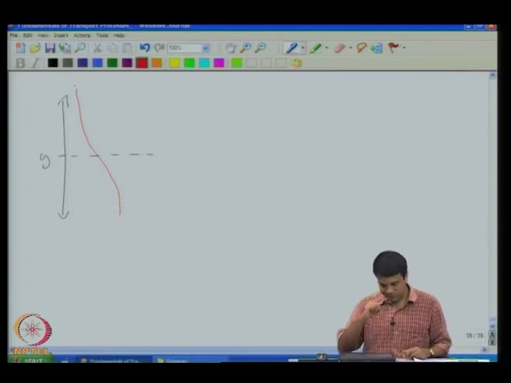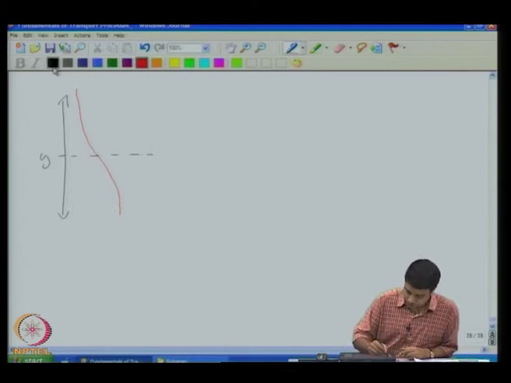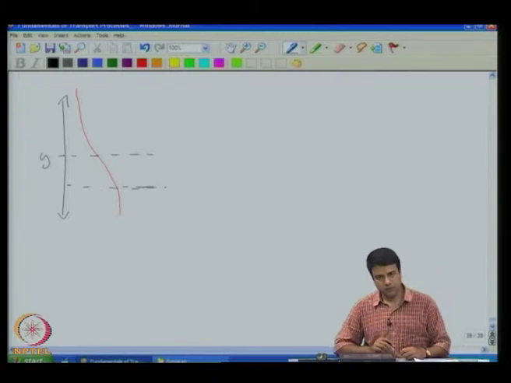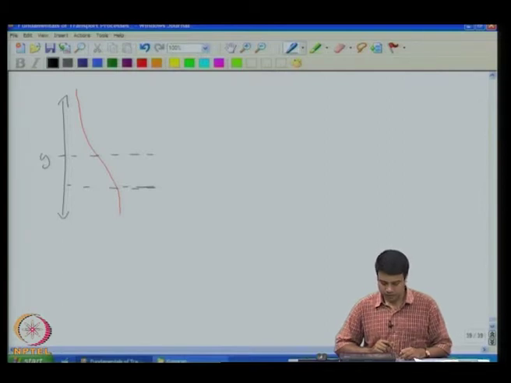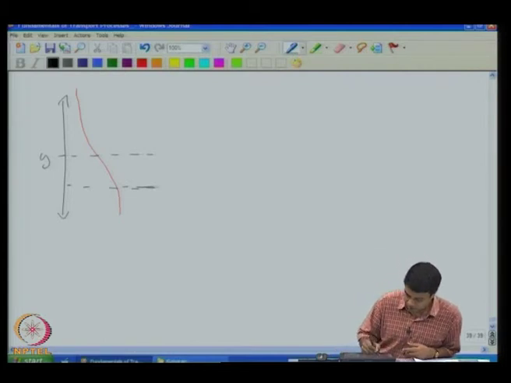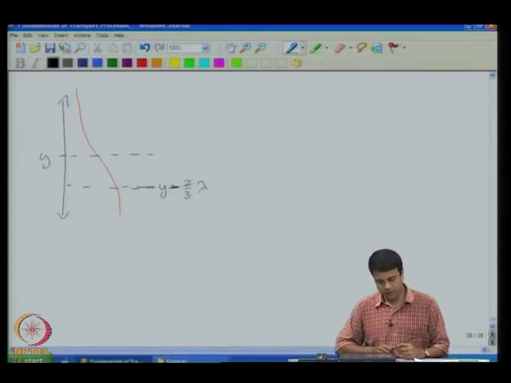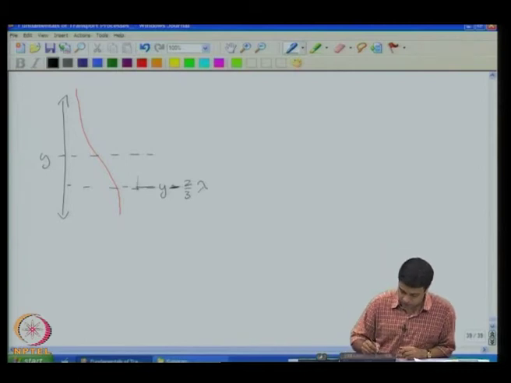Now, the molecules that are going upwards are coming from some distance of the order of a mean free path below the surface. You can do more detailed calculations and find out exactly how much. It turns out that they come from a distance minus 2/3 times the mean free path lambda. So, the molecules from here are the ones that ultimately cross the surface.